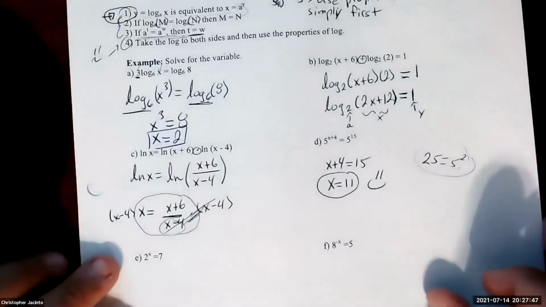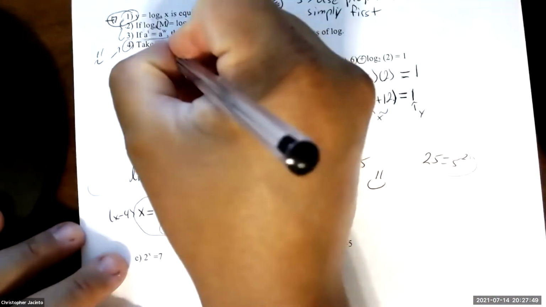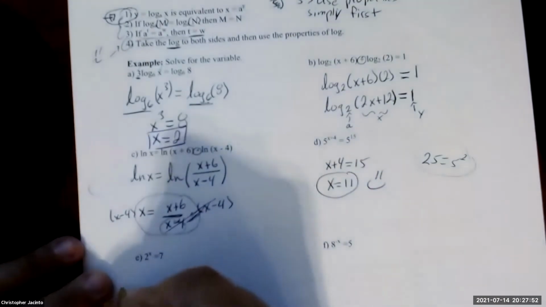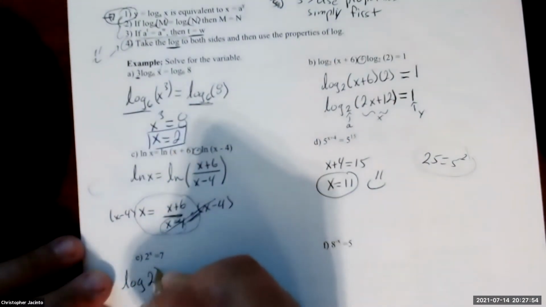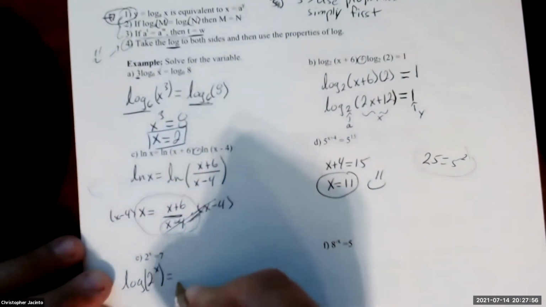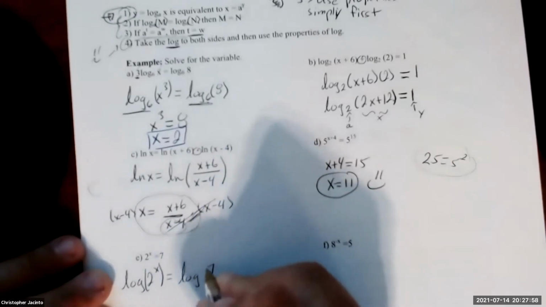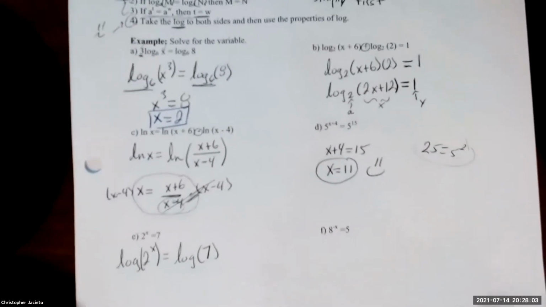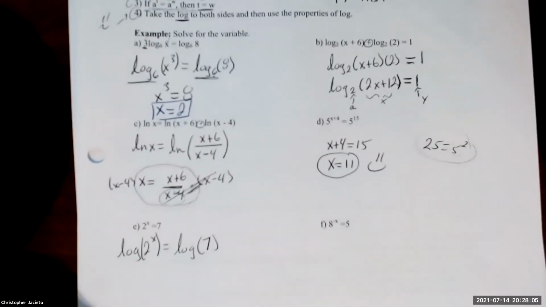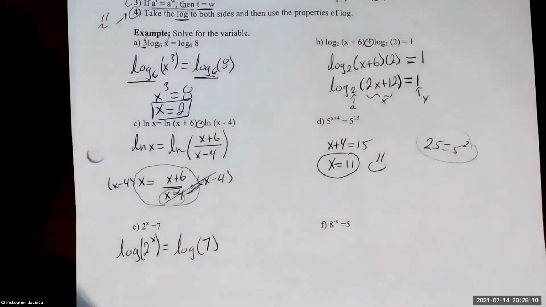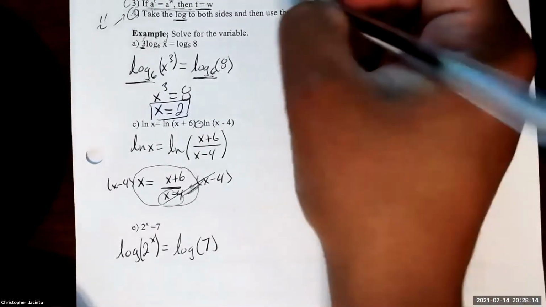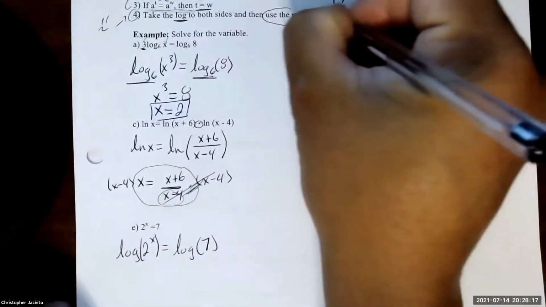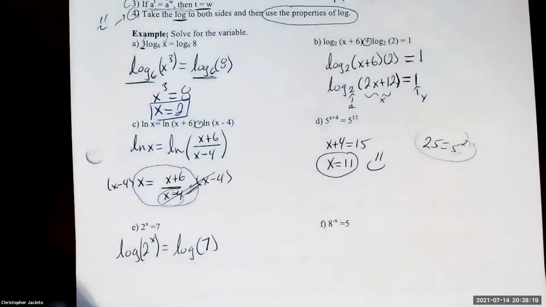Now, what you're literally going to do is take the log of both sides. So what I mean by that is going to look like this. Just like that, you're literally taking the log of both sides. Now that we have this, we're going to use properties to solve for this.